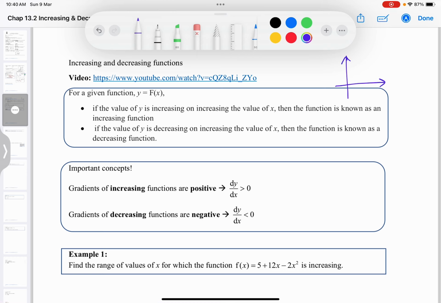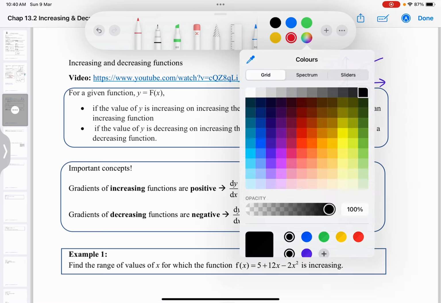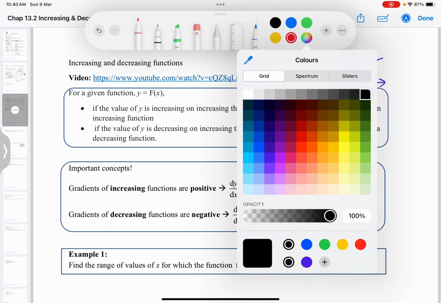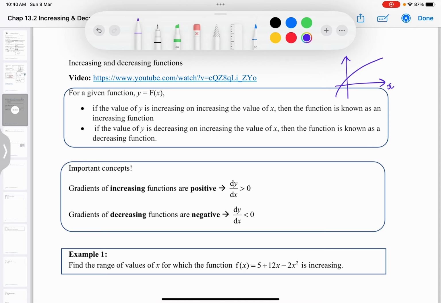As x increases, y is increasing. So this is your x, and this is your y. As you can see, when x increases from left to right, y is also increasing.